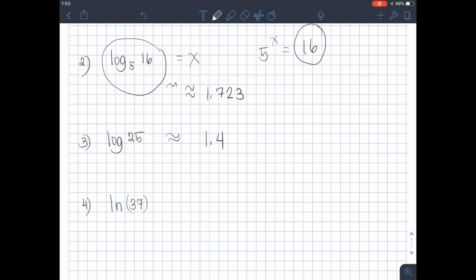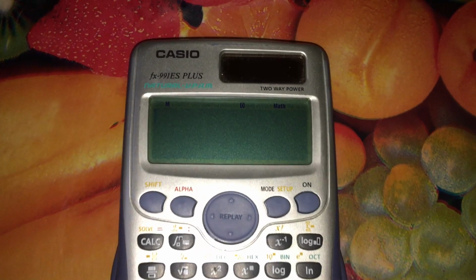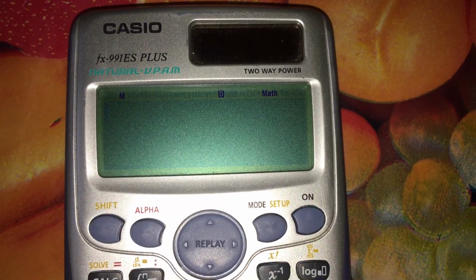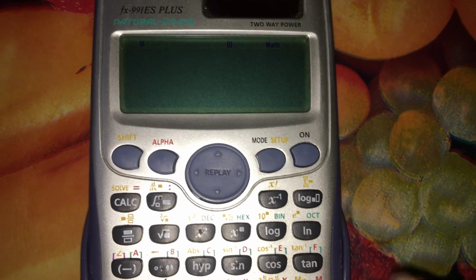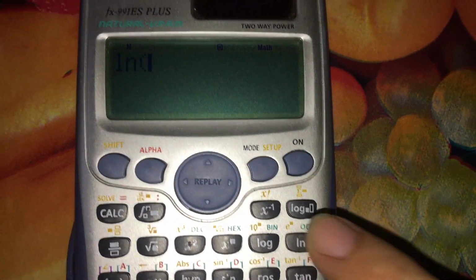Next, we have ln 37 or the logarithm of 37 base e. So, obviously, hindi ito eksakto. So, gagamit tayo ng calculator para ma-solve to. Okay? So, kung magsasolve naman tayo ng logarithm with natural number base e, ito yung pipindutin natin, yung ln.